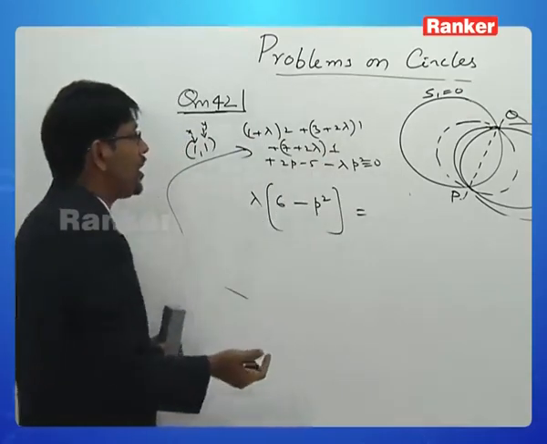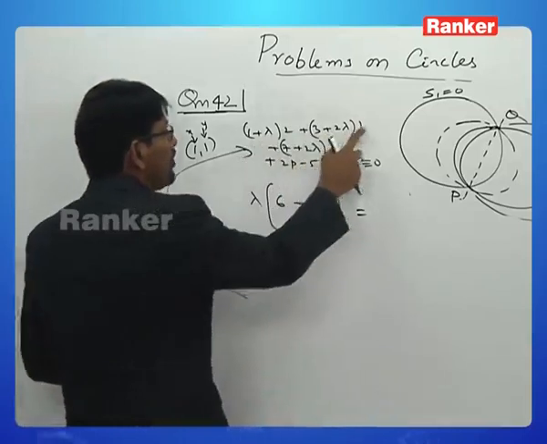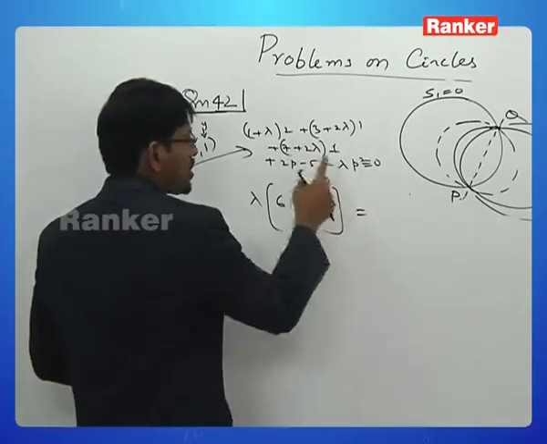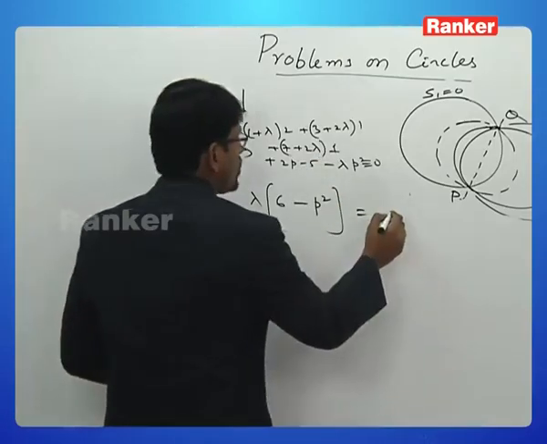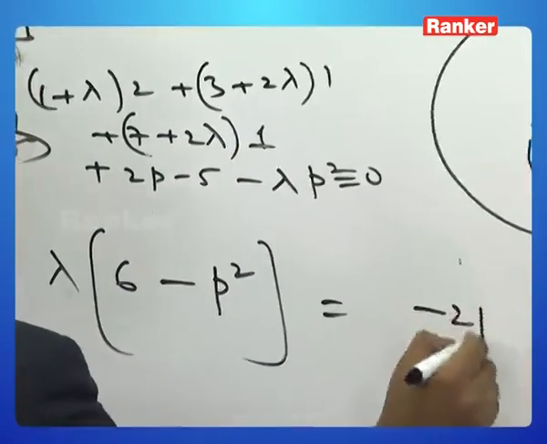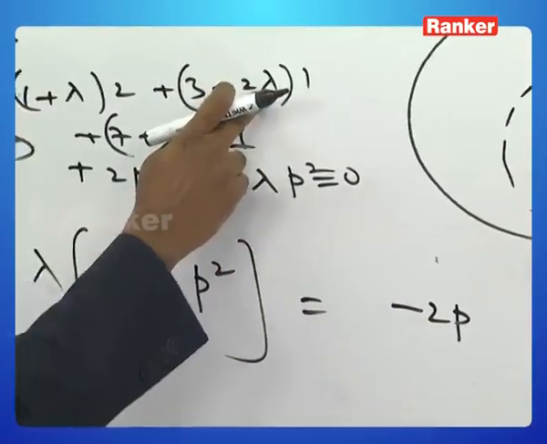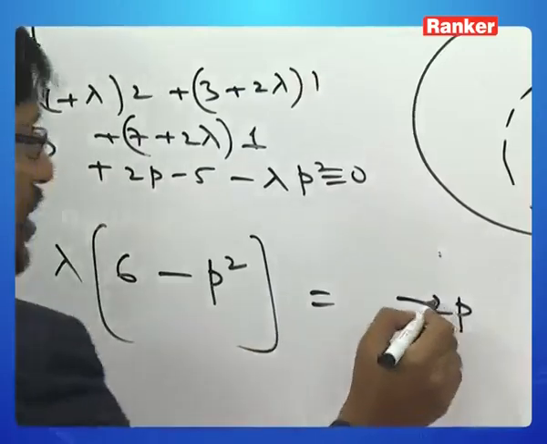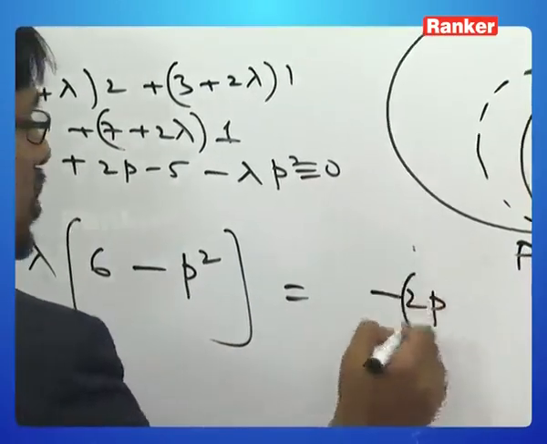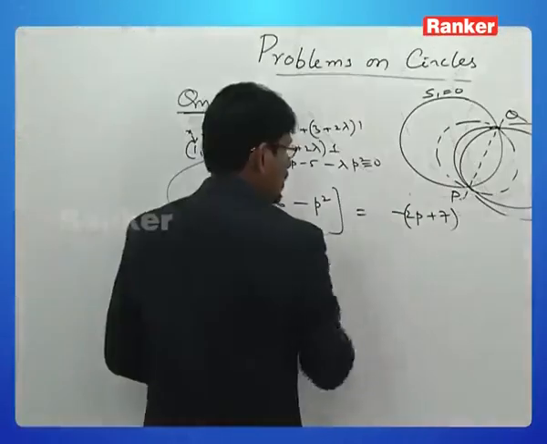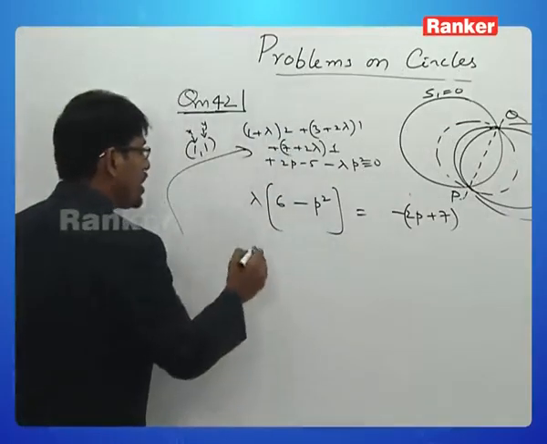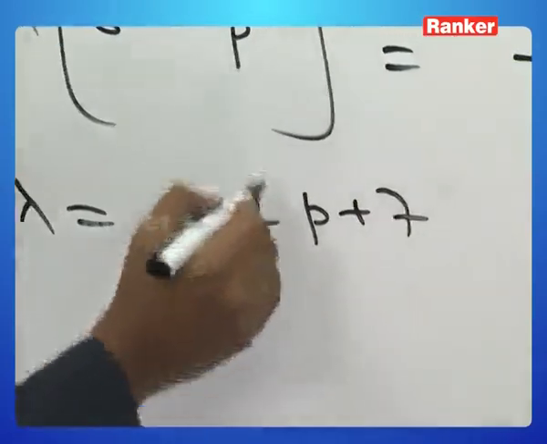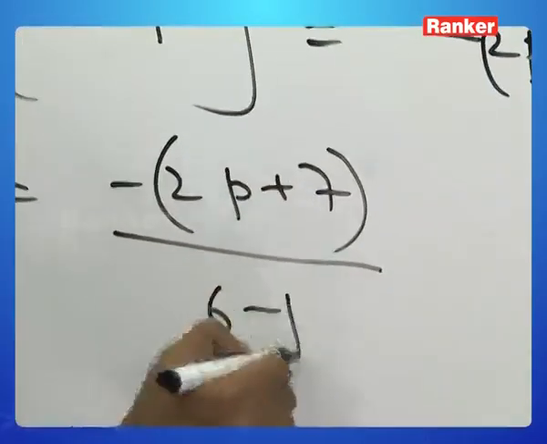Let us take it to the other side. What do we have? 2 plus 3 is 5, 5 plus 7 is 12, and minus 2p, 12 minus 5 is 7. So taking the other side, it becomes minus of 2p plus 7. So lambda is minus of 2p plus 7 by 6 minus p square.